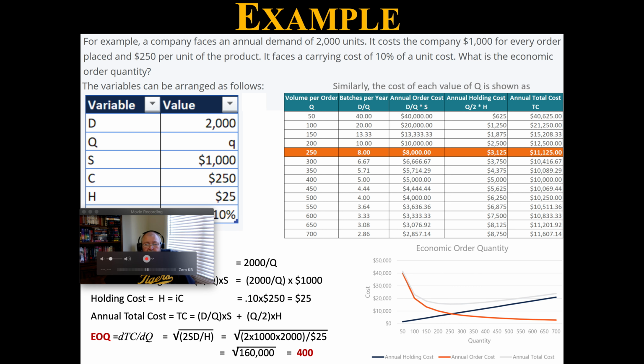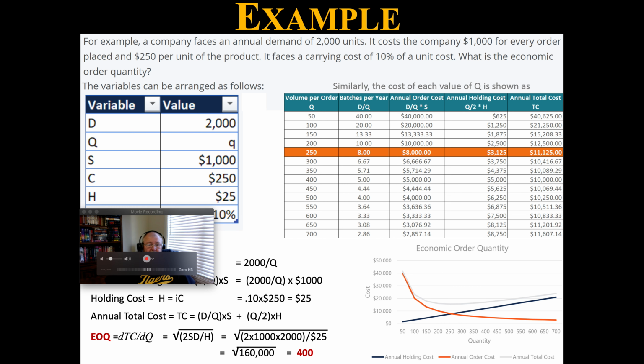You could try other numbers as well. What you would find is that the best order quantity, if you wanted to minimize total cost, would be 400 items. That would be called the EOQ.